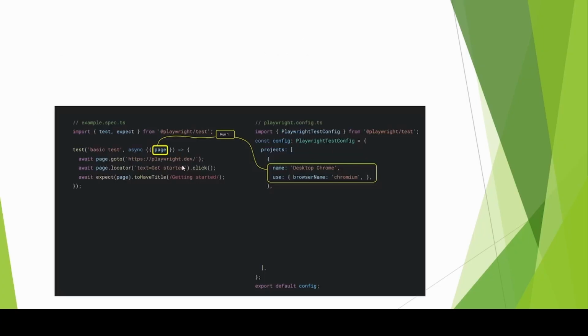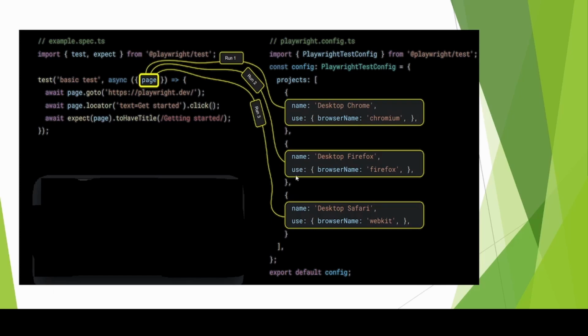For example, here I have one test method. In the playwright.config.ts, I have a Chrome browser. Now the page object runs the script using the Chromium browser. In this example, we have one test method in the spec file, and in playwright.config.ts we have mentioned 3 browsers.